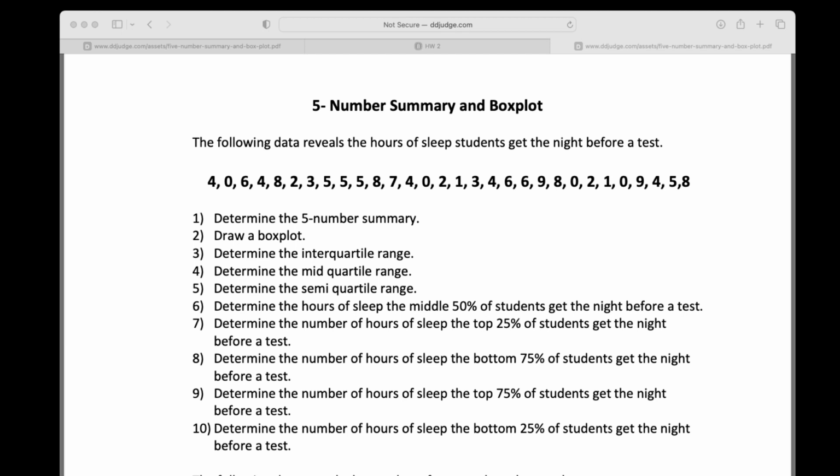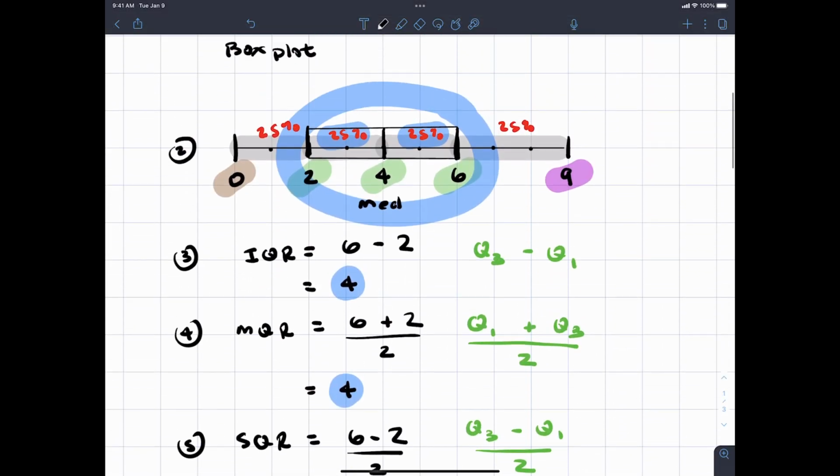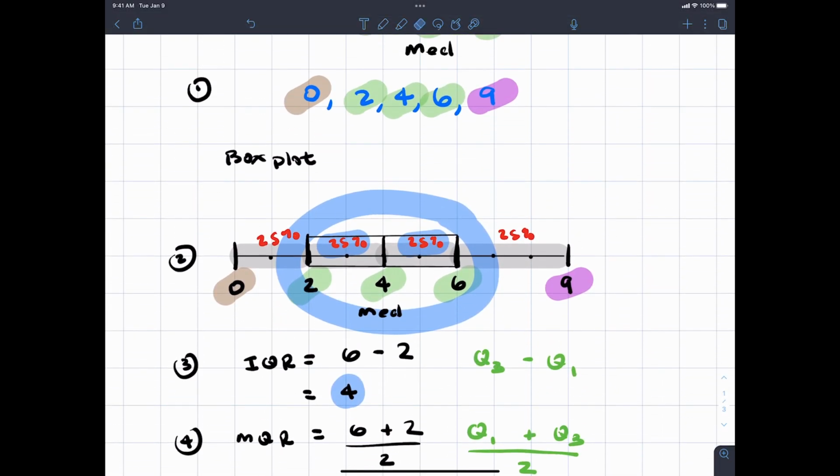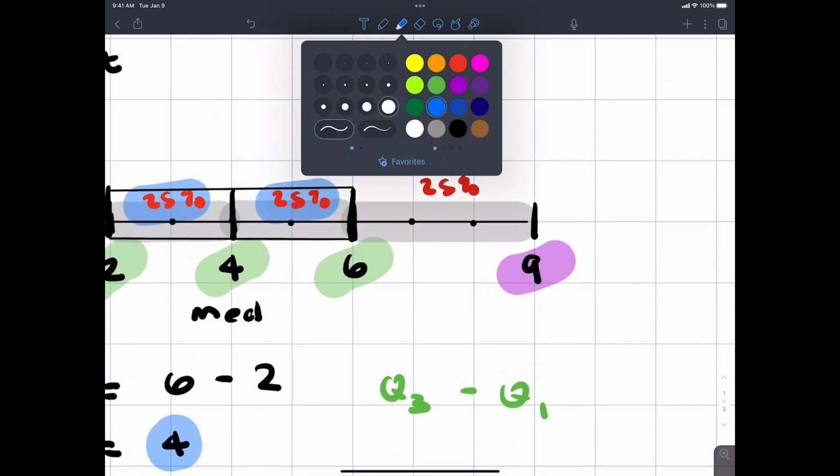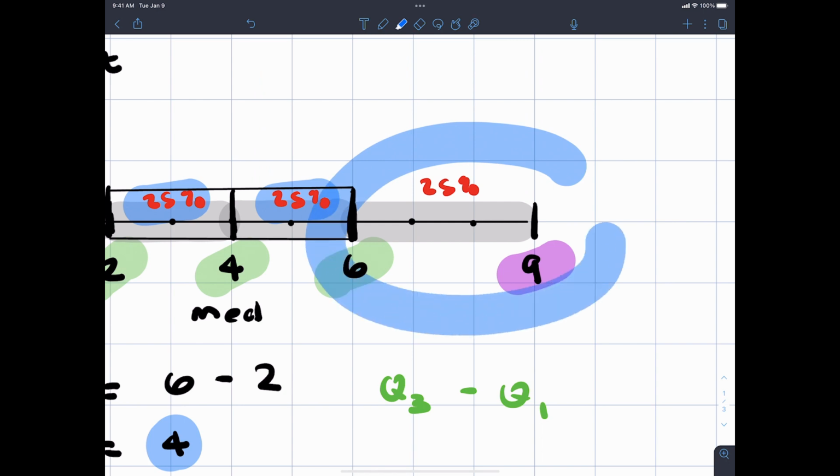Okay, so I'm going to write this down in number 7. What's the top 25% here? Well, top 25%. You know what they're talking about? Students in this top 25%, they're talking about this top portion here, above Q3 to the max.